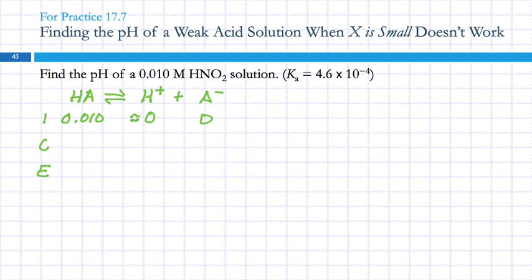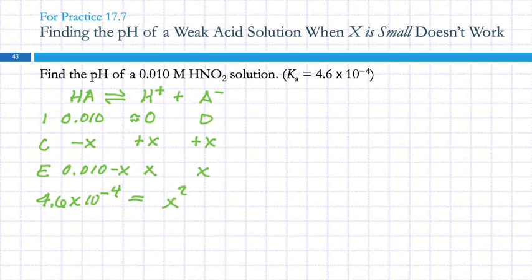So that reactant is going to lose X, and the products are going to gain X. So we end up with 0.010 minus X, X, and X. And so we can say, well, the equilibrium constant, 4.6 times 10 to the minus 4 is equal to the concentrations of the products, so X squared, divided by the concentration of the reactant, which is 0.010 minus X.